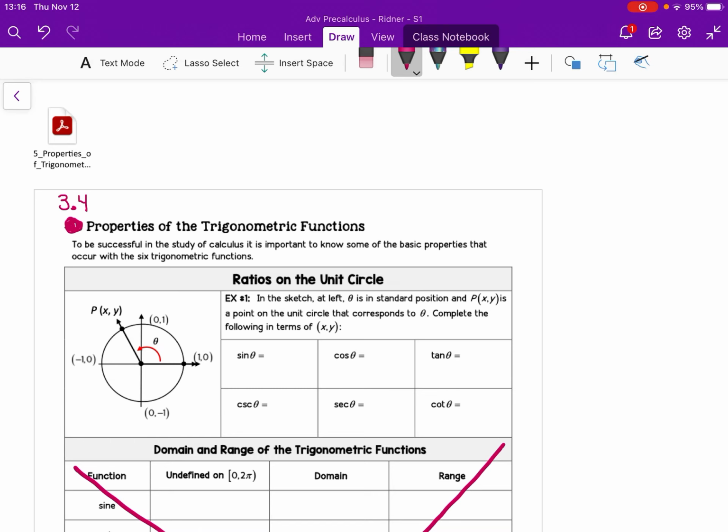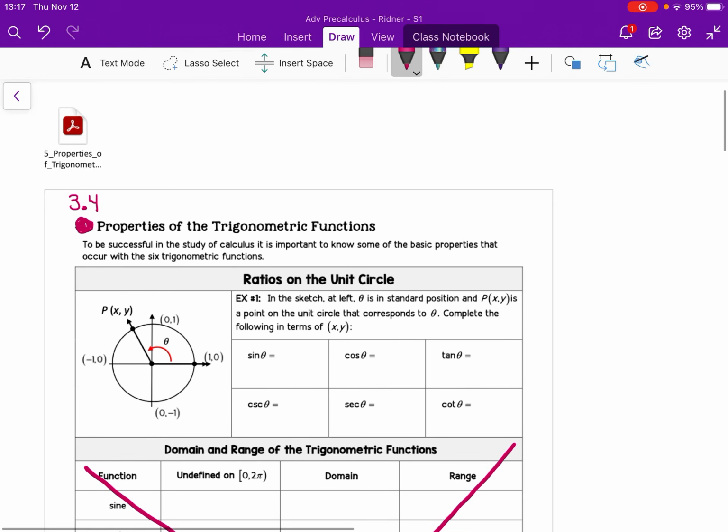So recall that our sine of any angle was actually our y value. The cosine was our x value. And then tangent was y divided by x. Now remember, for SOHCAHTOA, sine is actually the opposite over hypotenuse.